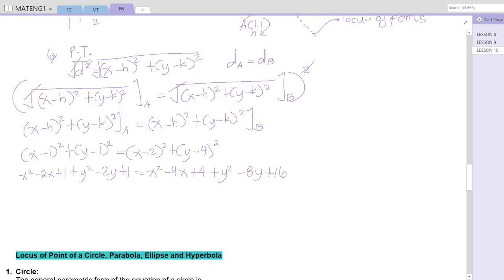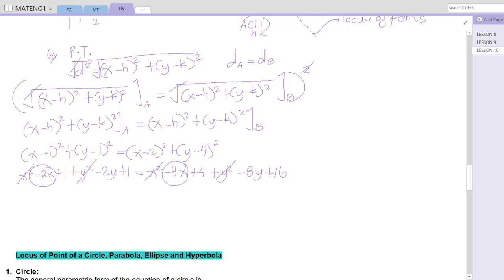Okay, so we have to combine like terms, so x squared will be cancelled, since if we transfer this one to the left side, it will be minus, so that is plus minus, so it is cancelled, the same with y squared, and what remains there is negative 2x and negative 4x.